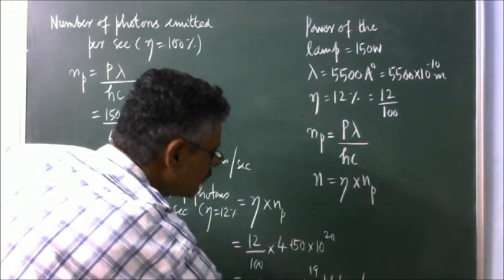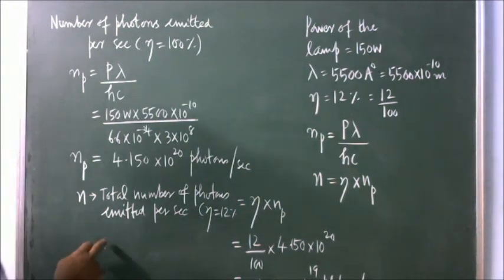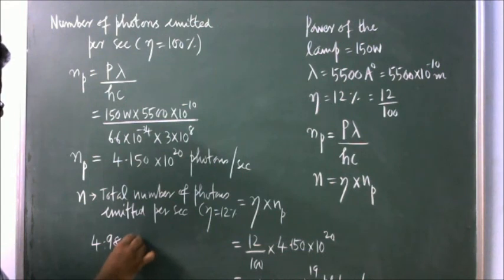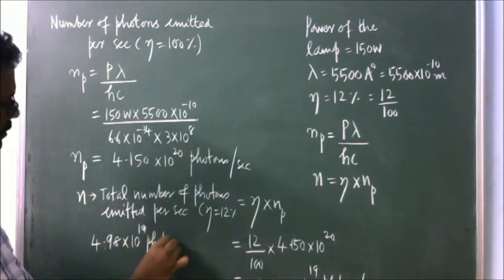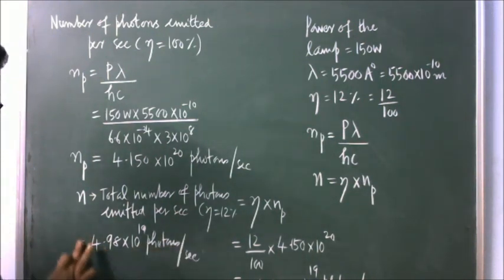Are you clear? If it is not visible, I will write it here: 4.98 into 10 to the power of 19 photons per second. This many photons are emitted when the efficiency is reduced to 12%.